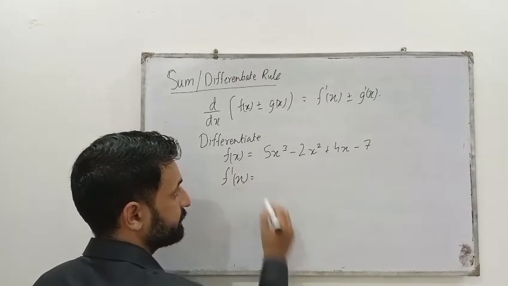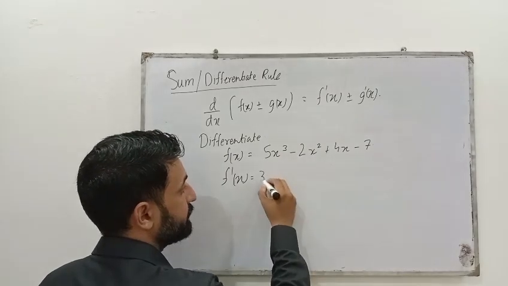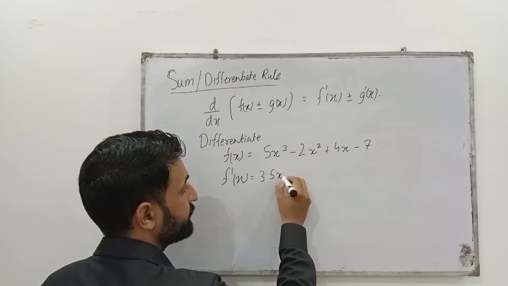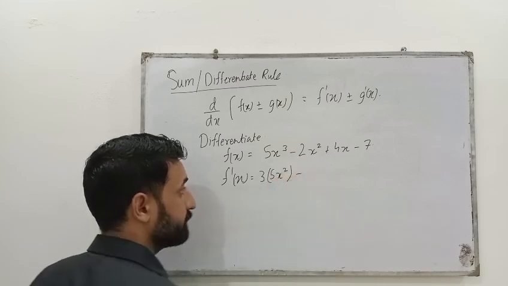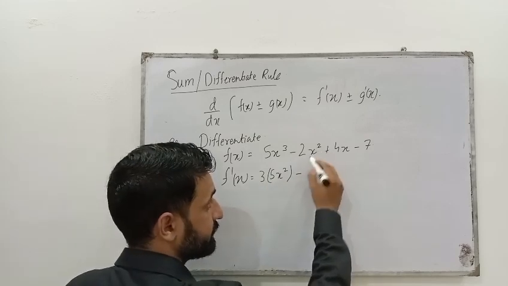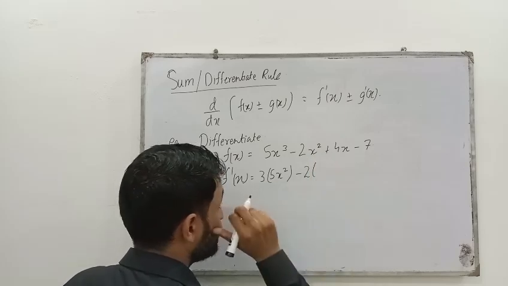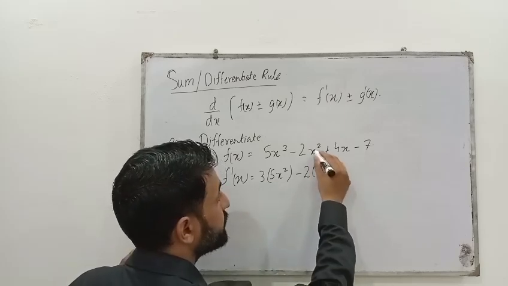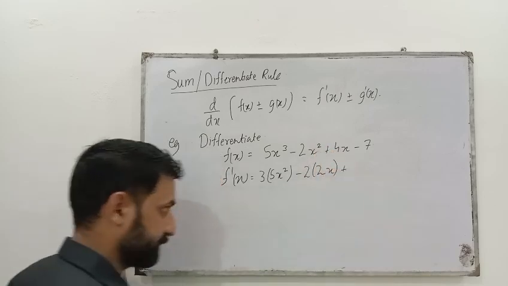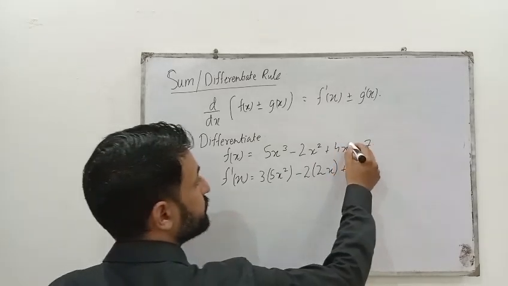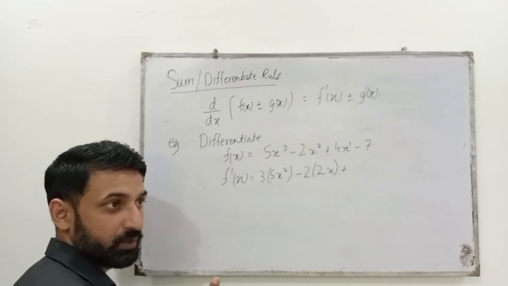That is 5x cube, so that 3 will multiply by 5, 3 into 5, 3 minus 1 is 2, minus, that is x square, the 2 will be multiplied by this value, and that will be equal to 2x, 2 minus 1 is only x, plus, what is the value over here? That is 1. If there is no value mentioned, that means it's 1.